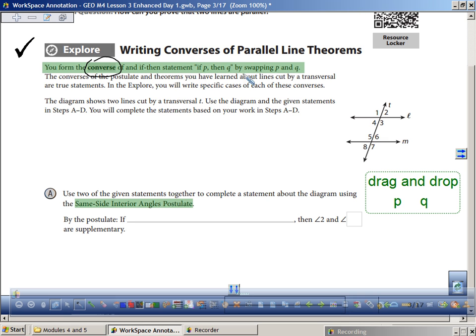If P, then Q. So if a conditional statement is P, then Q, its converse is if Q, then P. All right. How about if Mrs. Mahler was born in 1976, then she's 38 years old?